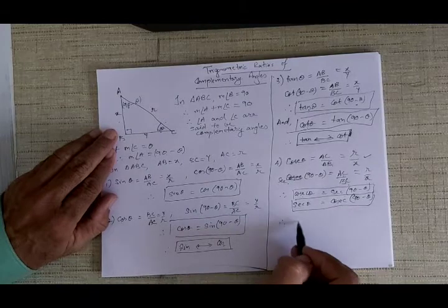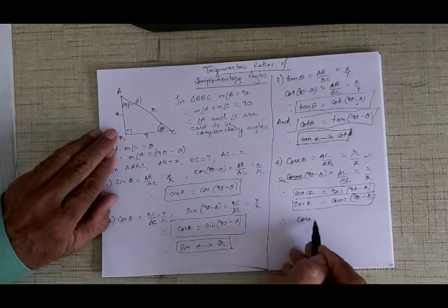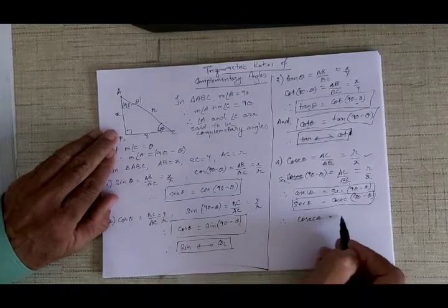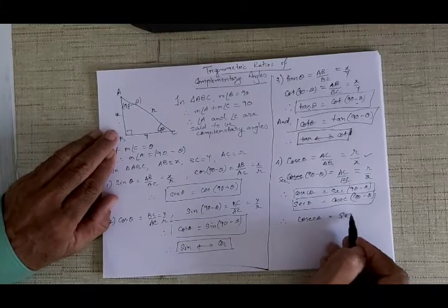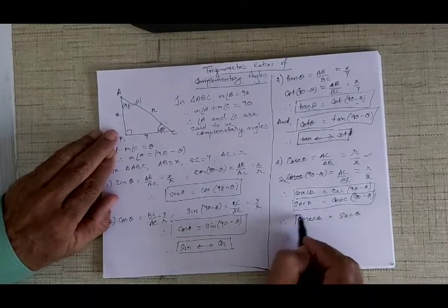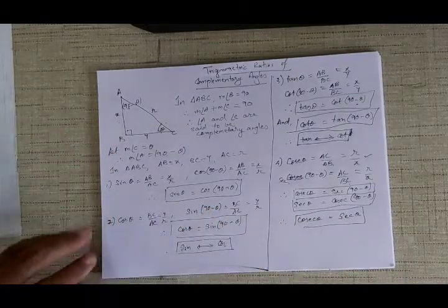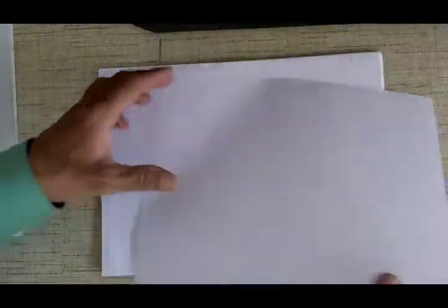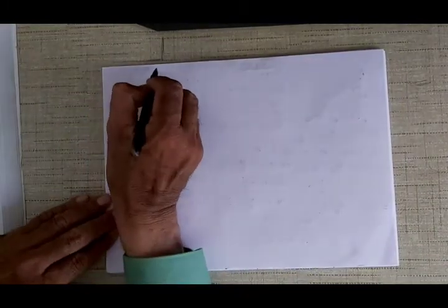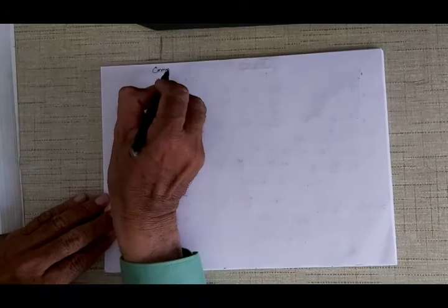So cosec theta and sec theta are complementary to each other. This is called pairs of complementary angles.